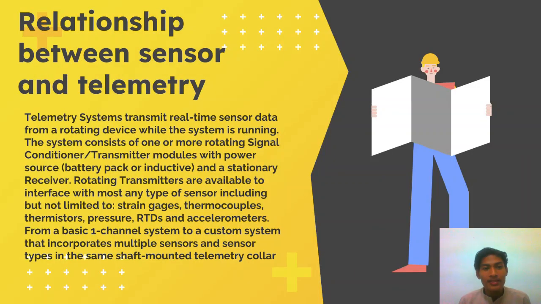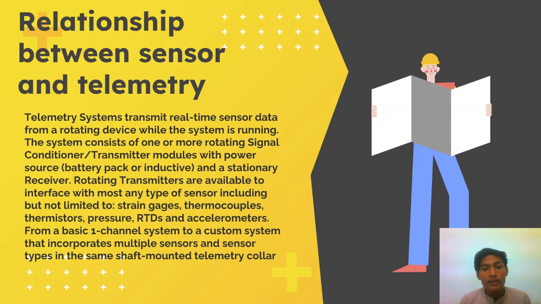So next is the relationship between sensor and telemetry. A telemetry system transmits real-time sensor data from a rotating device while the system is running. The system consists of one or more rotating signal conditioner or transmitter modules with a power source, which is a battery pack or inductive, and a stationary receiver.